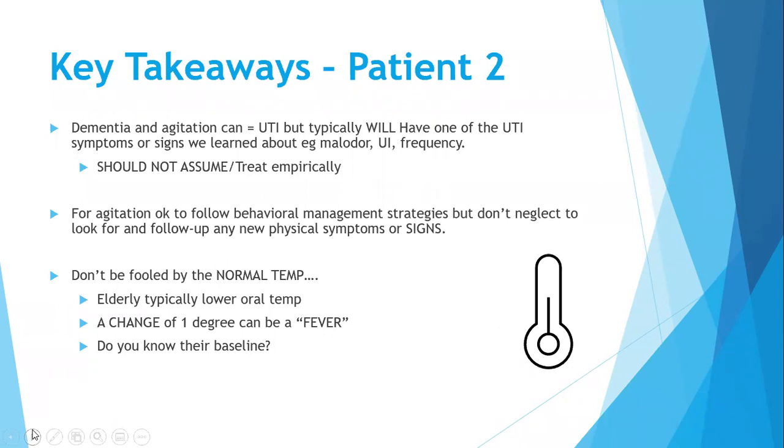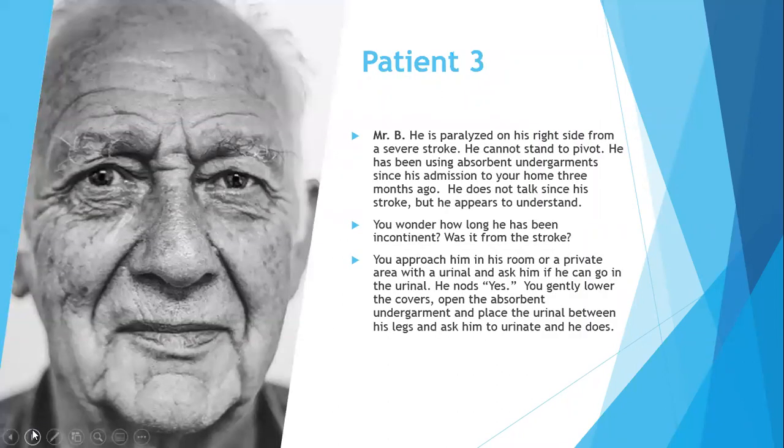You can't, or you shouldn't, just assume. So you really do want to watch for new urinary symptoms if you want to put those two together. And today, we won't really talk about those last two management points, but you can read over those. Next patient, I want to make sure we get to all of these.